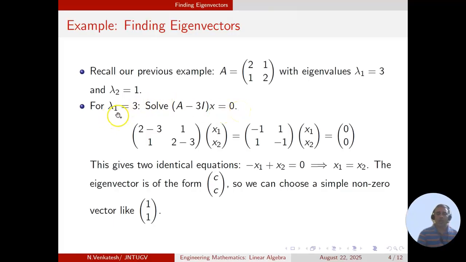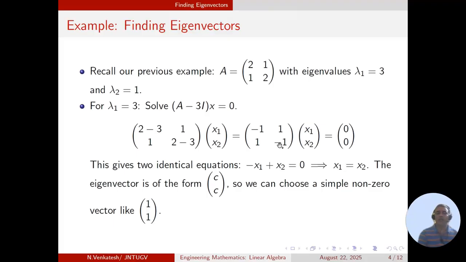So substitute lambda as 3, then we are going to get [-1, 1; 1, -1] times [x1, x2] equal to [0, 0]. If you do one row transformation, that is simply R2 as R2 plus R1, then in the second row we get 0, 0.